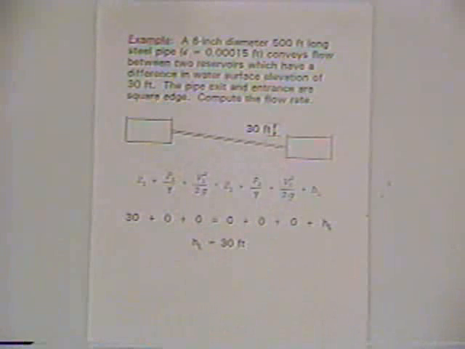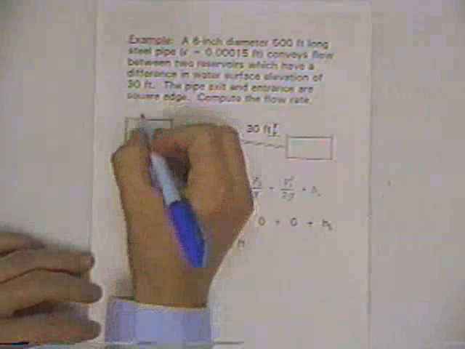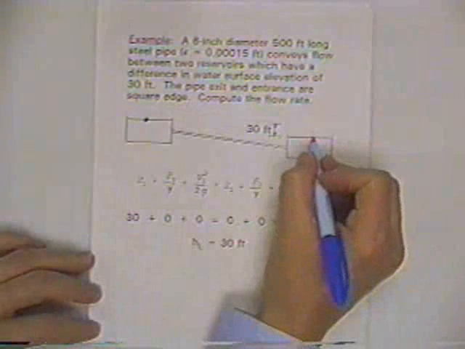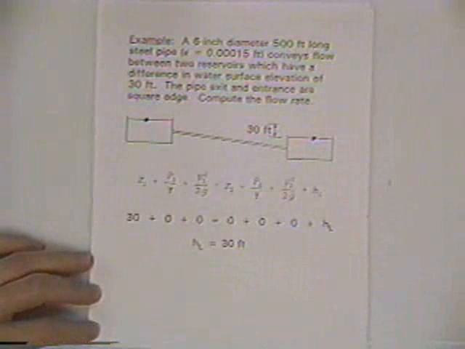And so we can apply the energy equation. Another application of the energy equation. It's certainly a workhorse in fluid mechanics. In all energy equation applications, we've got to use a little bit of ingenuity to pick out a couple of points that have significance. The significance is usually because we know certain values at those points.